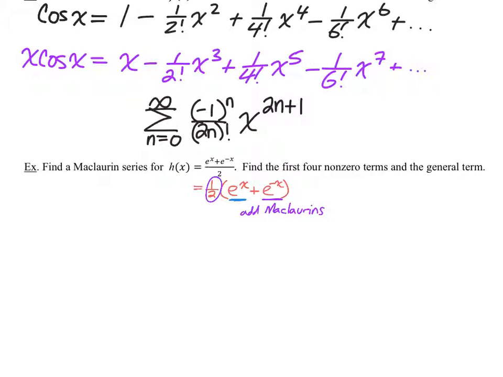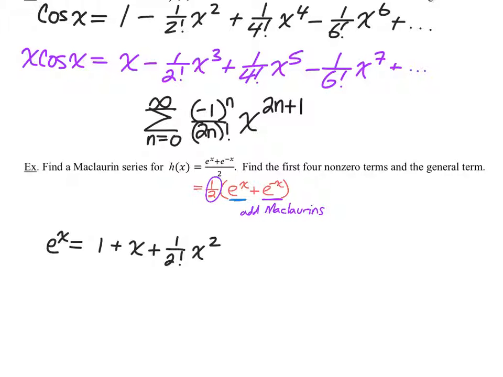All right, so the little tip here was to find the two separate Maclaurin series and then add them together and divide by 2. So I'm going to write e to the x is equal to 1 plus x, I missed the x, plus 1 over 2 factorial x squared.